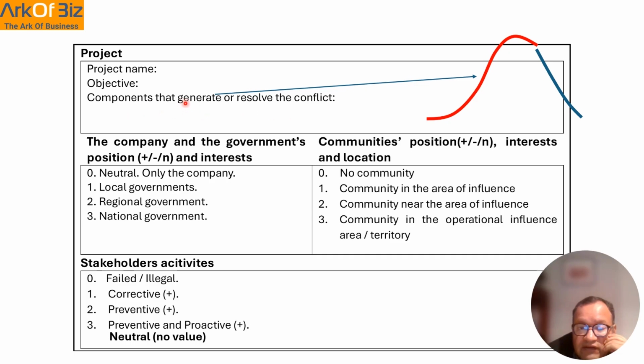We use only the information regarding the red line or the blue line. So let's start. The project name is a mining project in Australia.